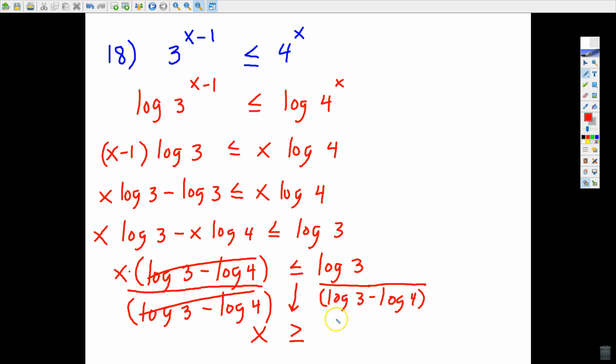And my answer ends up being negative 3.8188 after rounding. So that is my final answer.